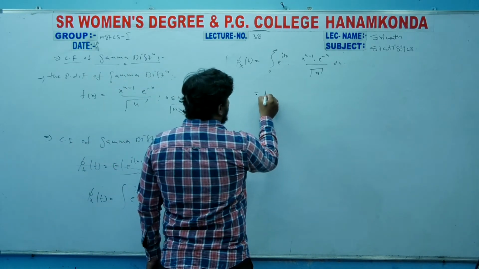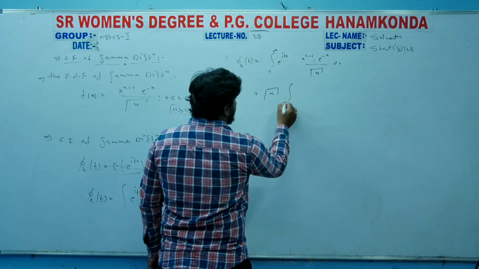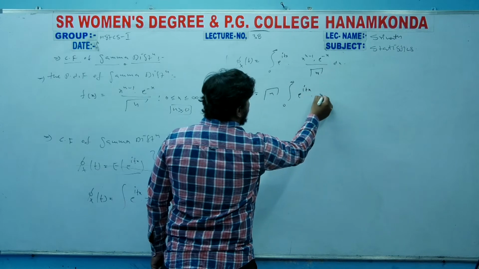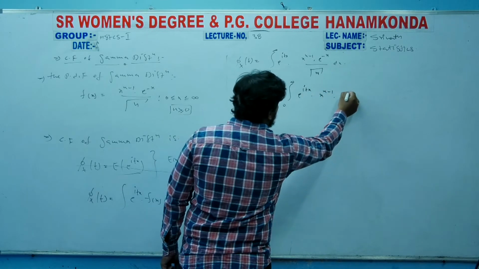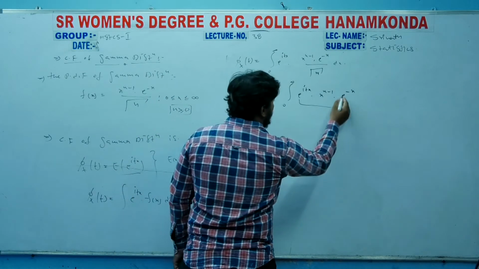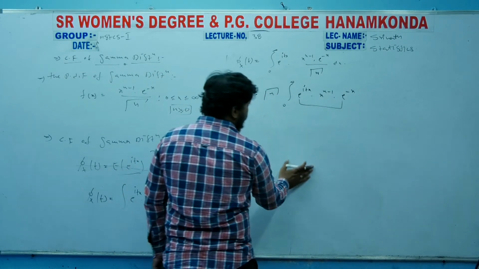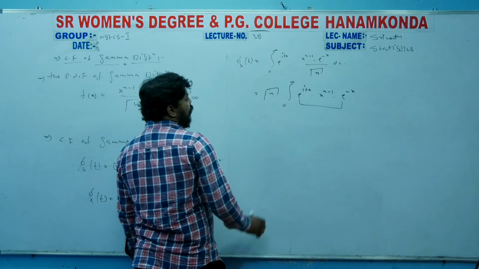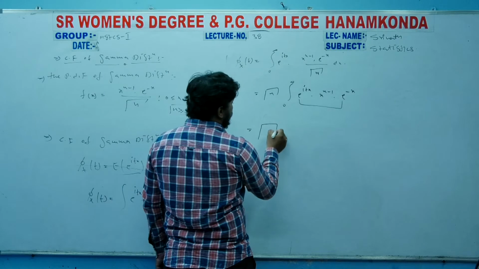Here 1 by gamma n integration 0 to infinity e power itx into x power n minus 1 into e power minus x, and here the bases are equal, e power itx and e power minus x, so the powers add.